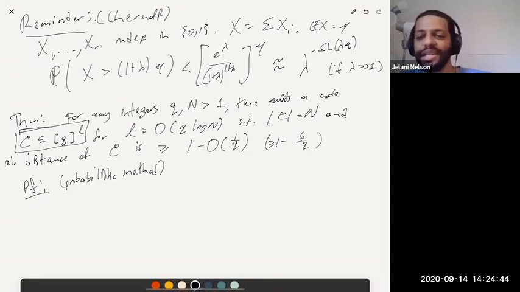How do I show that it exists? Well, I define a distribution and I draw objects from that distribution. And I show that the probability that the object I select has that property is strictly bigger than 0. If it's strictly bigger than 0, that means there's some chance I get the object, which means it exists. Okay.